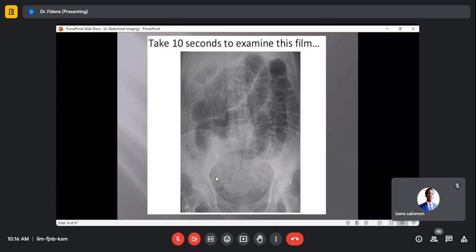How do you call this? Pelvic inlet. Pelvic inlet. So there are some people who have said that they can see the colon and the small bowel. I don't know if they can differentiate them from here. Can you? No. You can't.